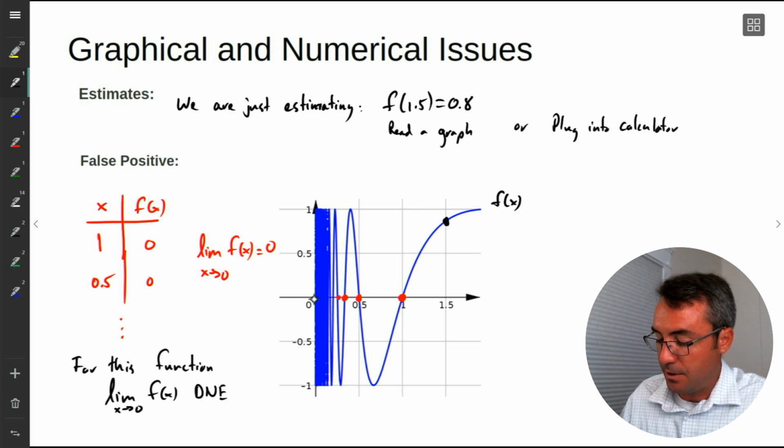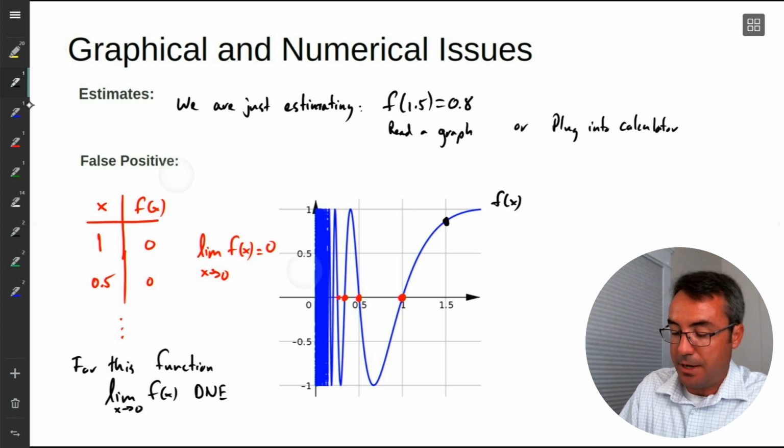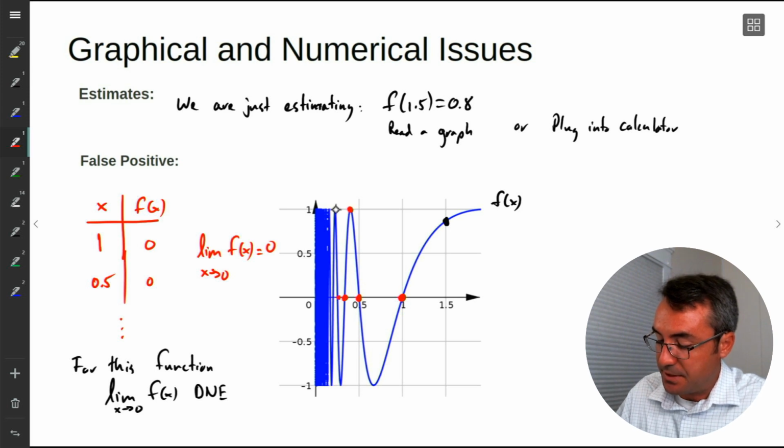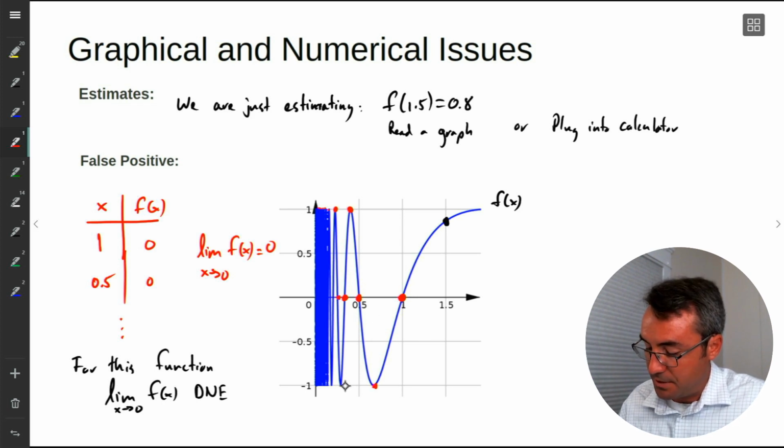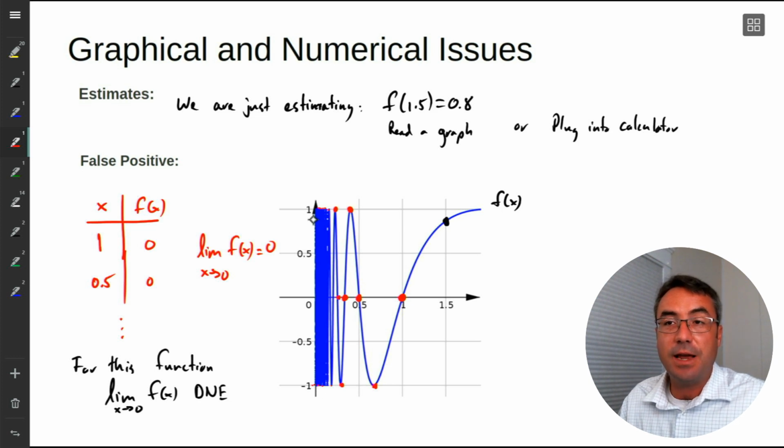It doesn't approach 0. Maybe you get unlucky and pick all of these peaks, and you think the limit is equal to 1. Or maybe you pick all of the low points, and you think the limit is -1. And you could do that for any number in between -1 and +1. So this thing just bounces back and forth forever in between -1 and +1 the closer you get to 0.